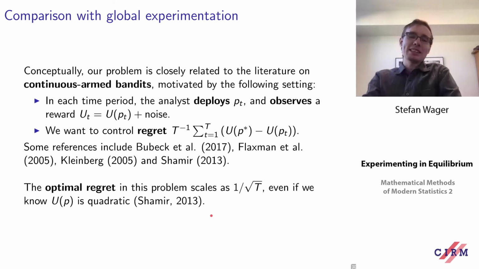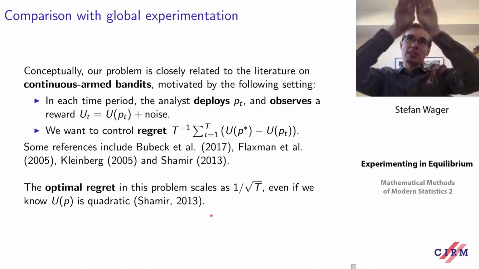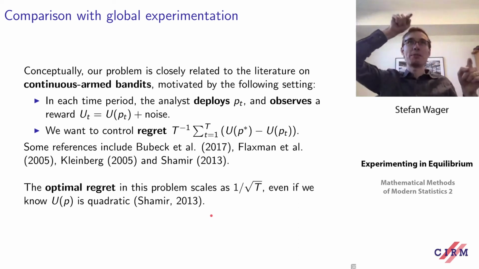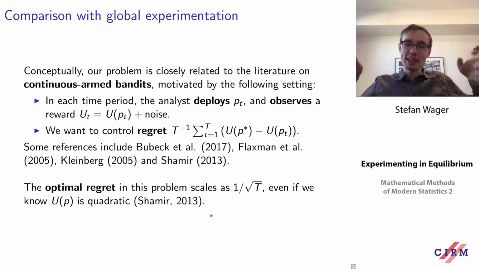You might think this is surprising, but actually the problem is just, let's say your reward function is quadratic, so it's a parabola. What you want to do is learn that the top of the parabola is here, and then deploy the top of the parabola from here on out. Well, how would you get there? You have two choices. You can sample on the sides.